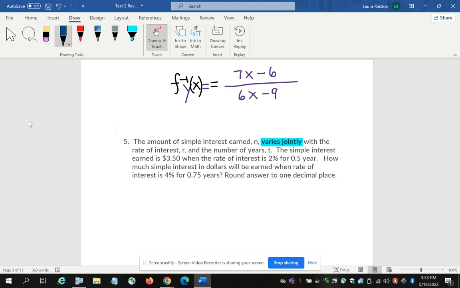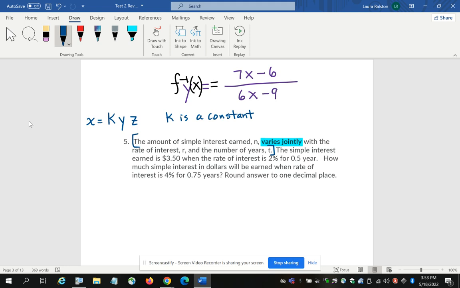But in generic form, varies jointly is x equals k times y times z, where k is a constant, and you have the variables x, y, and z. So that's the generic formula. The one we have here, this first sentence, kind of redefines those variables for us.